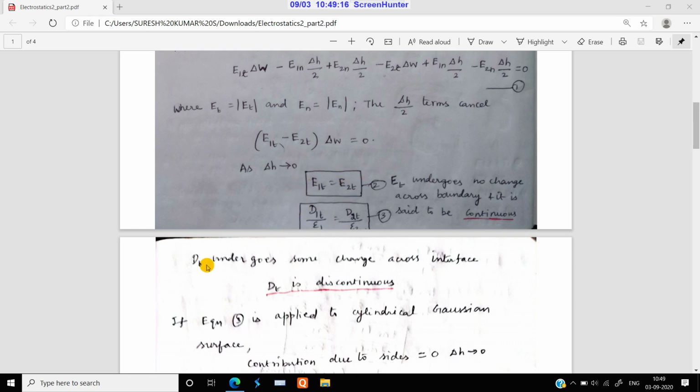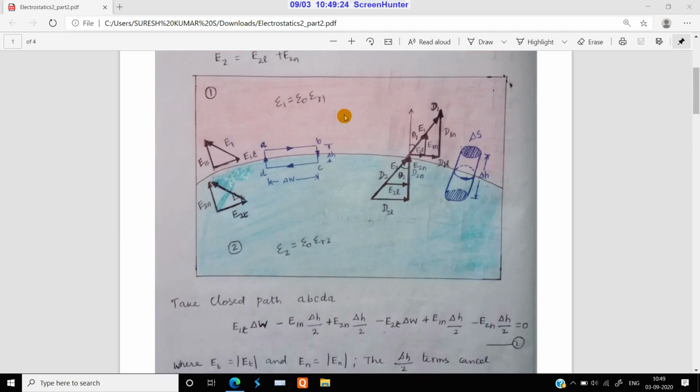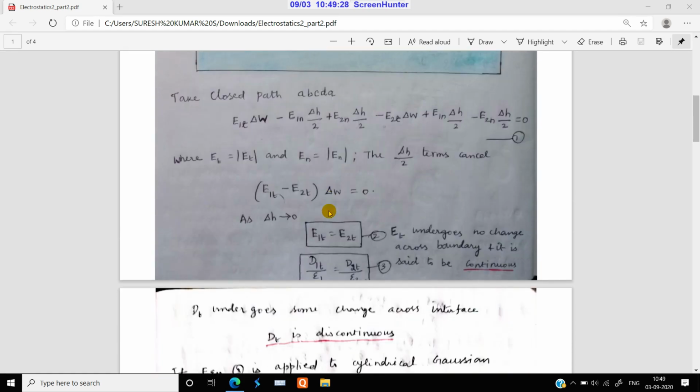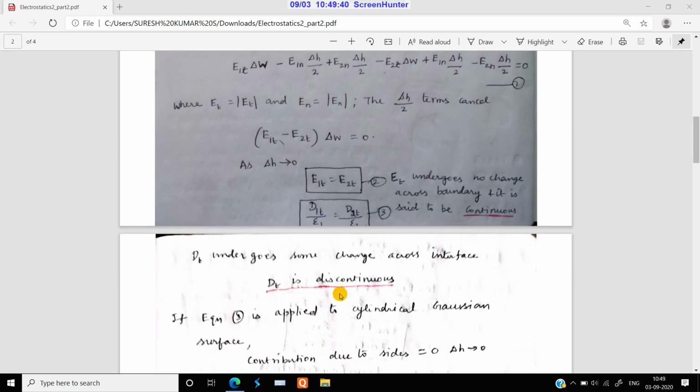So Dt will undergo some change across the interface. Dt is going to be discontinuous for a dielectric interface. We have to keep in mind that the electric field across the two different dielectrics is continuous, but the electric flux density is not continuous, it is discontinuous.